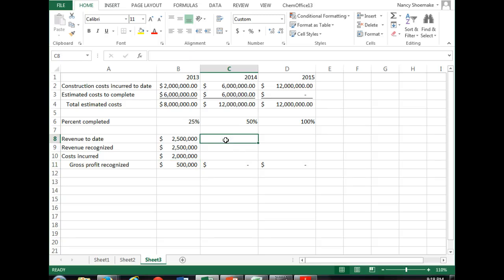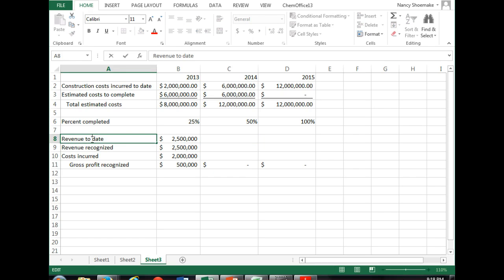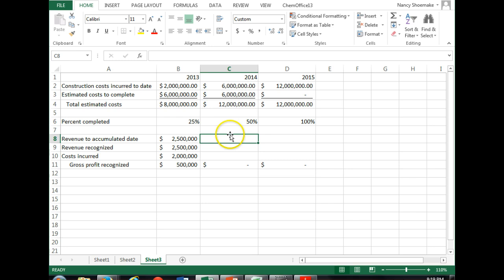Now revenue to date in 2014, our revenue accumulated to date is maybe a better way to say it, is 10 million times what percent? 50%?